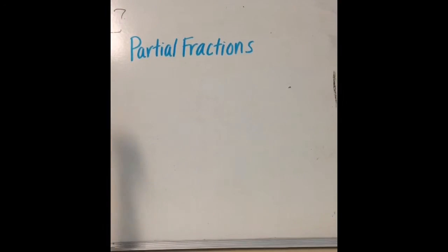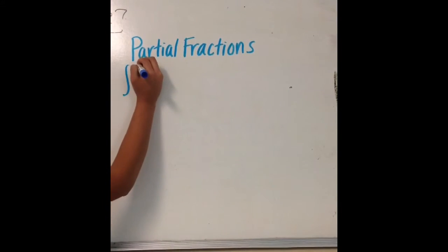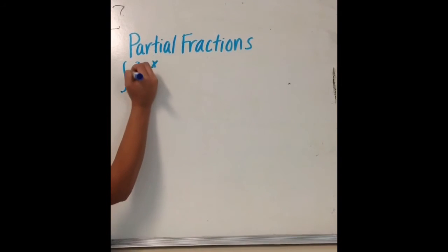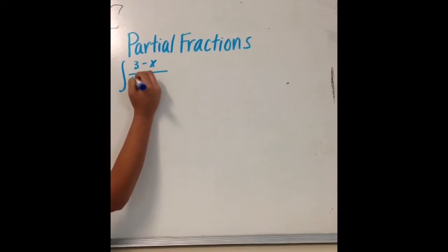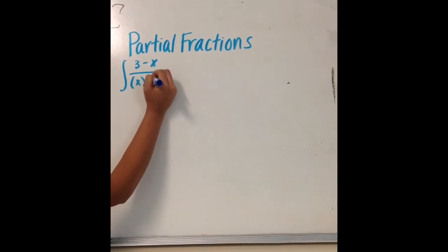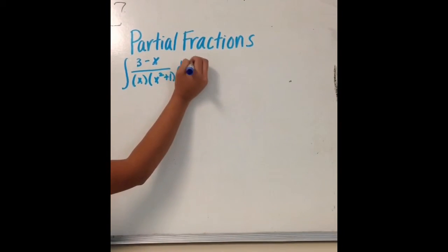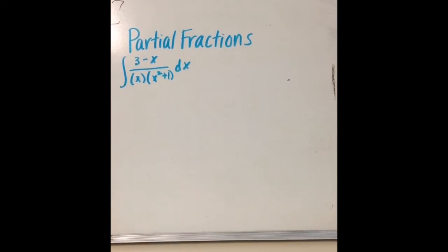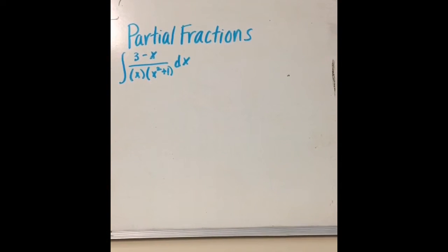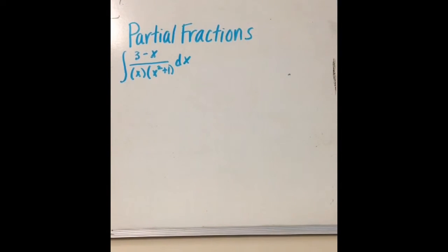Okay, so in this problem we're going to be integrating 3 minus x over x times (x squared plus 1). This problem will be a little more complicated because one of the factors in the denominator is quadratic.